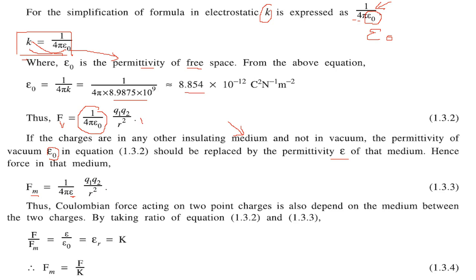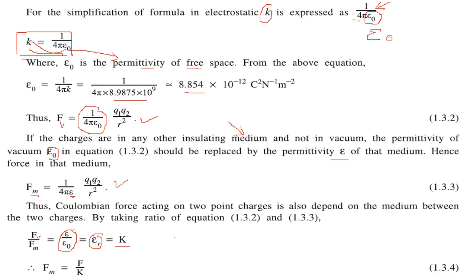Now let us take these two equations and divide them. So Fv by Fm, all other things get cancelled, and only epsilon by epsilon 0 will remain. This is a special ratio. We call it epsilon r, which is equivalent to K. So what is the relationship?